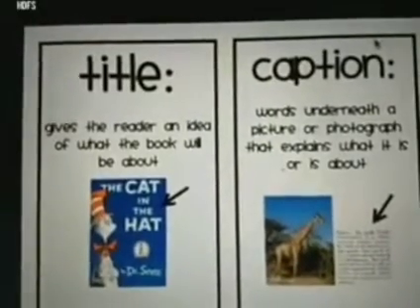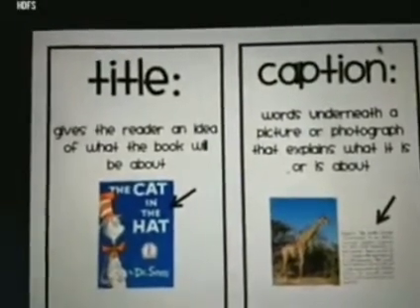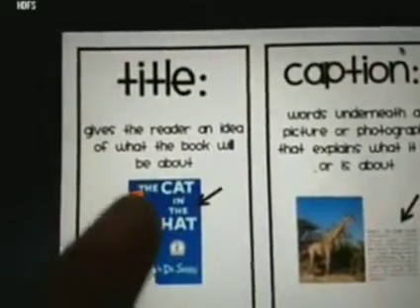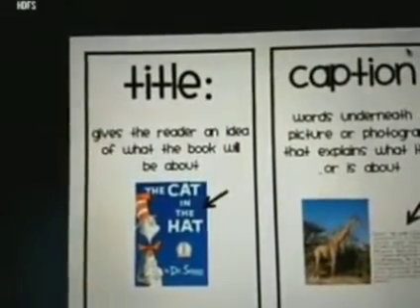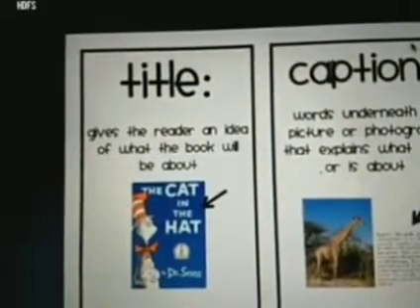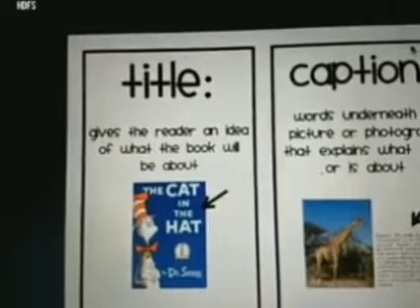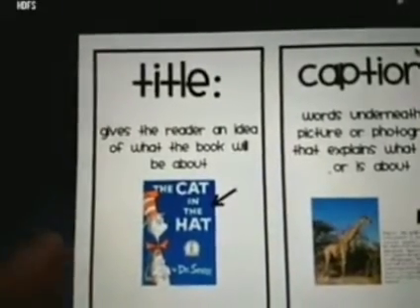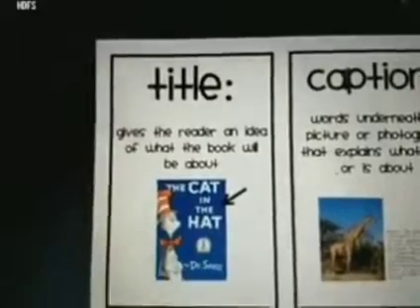Just like here the title is The Cat in the Hat. So you know from the title that the book is talking about a cat. So that's called the title of the book. It is written in big letters.